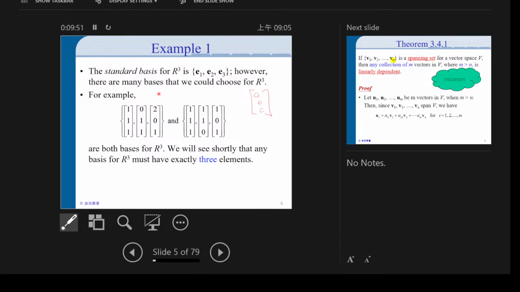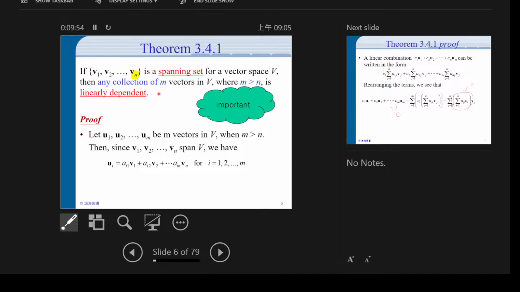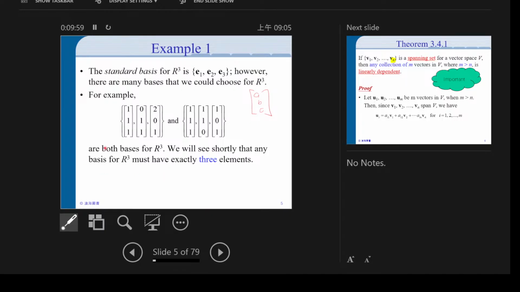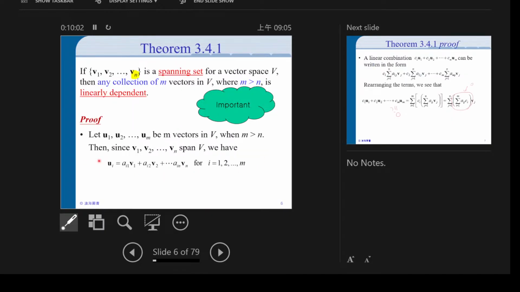Okay, so now starting with theorems, and to see that all the bases for R3 have 3 elements, we start with theorem 3.4.1. It says that if we have any spanning set for a vector space V with only n elements, and if you have another set with more elements... sorry, the theorem is even stronger.